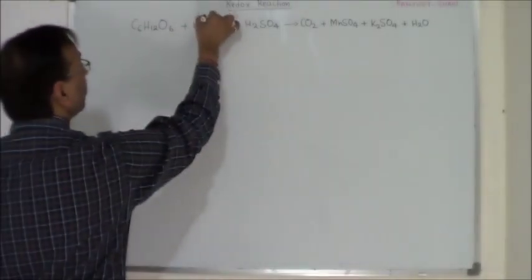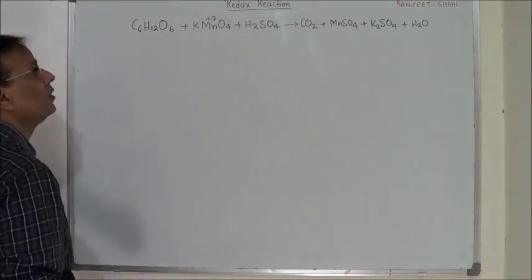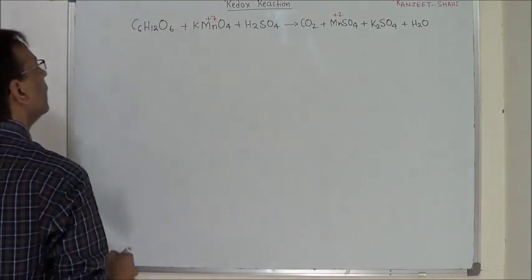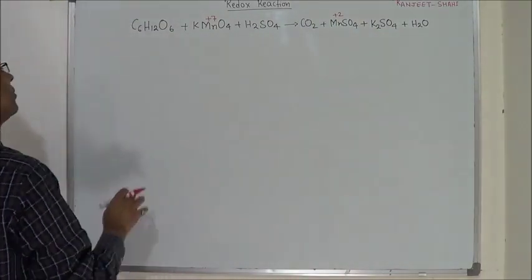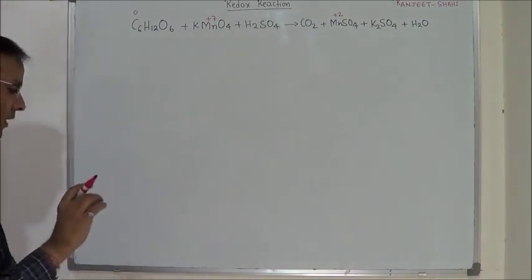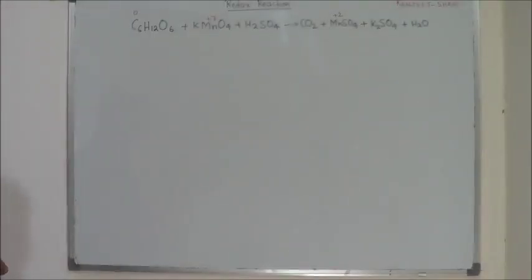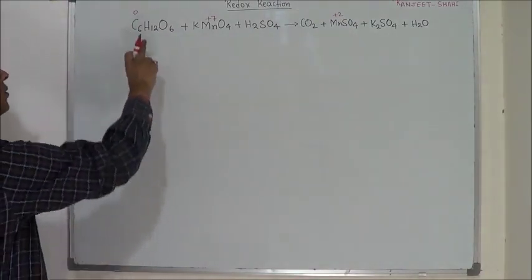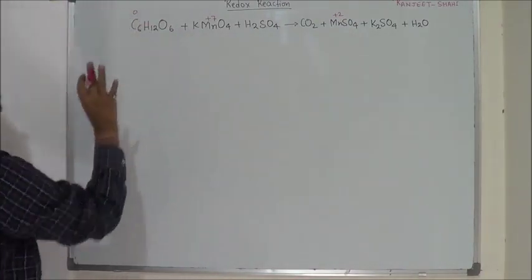It is clear that manganese is undergoing reduction from +7 to +2. In glucose, the oxidation number of carbon is 0, because 6 oxygen minus 12, 12 hydrogen plus 12, so plus 12 minus 12 is 0, so carbon is 0.